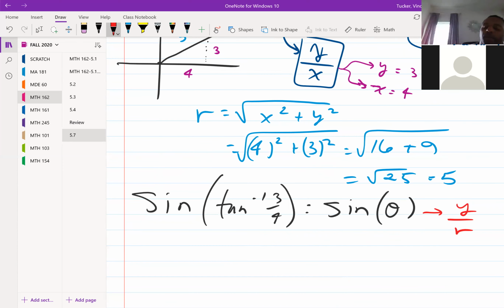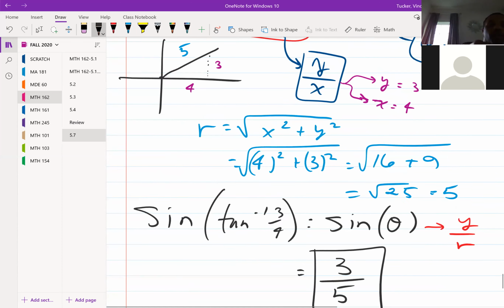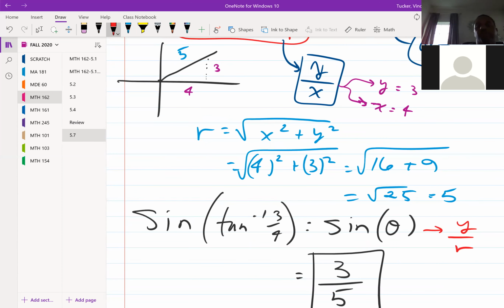I mean opposite over hypotenuse. So my y is 3, my r is 5, and that is it. I didn't put theta in here, but yeah.